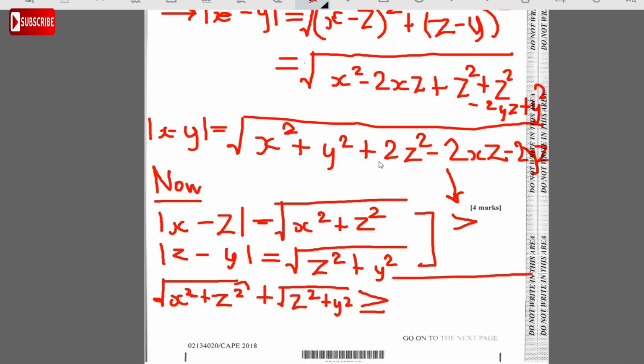I can't write out all of that, so I'm just going to show that this is greater than the modulus of x minus y, where the modulus of x minus y was this.